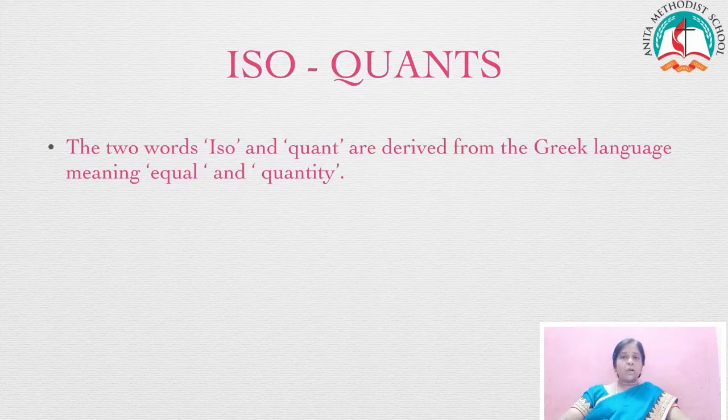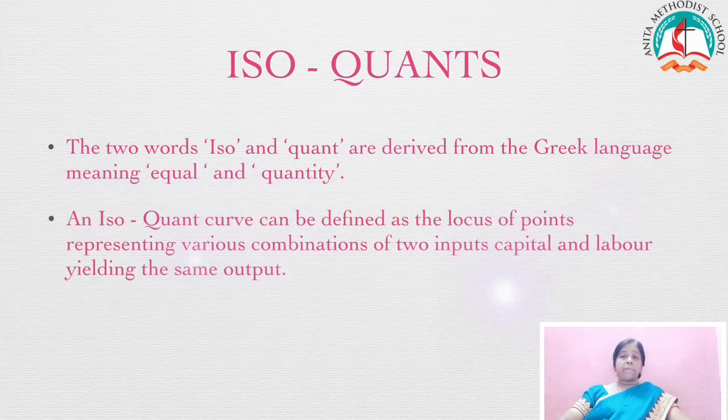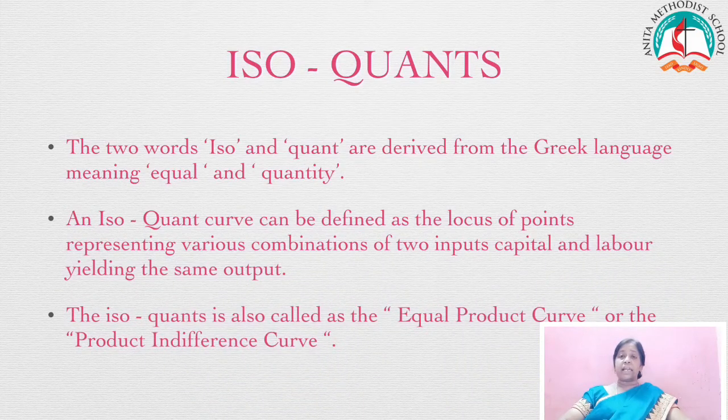So the isoquant curve can be defined as the locus of points representing the various combinations of two inputs, capital and labor, but yielding the same output. Even though we use the two inputs, capital and labor, the output will be the same, and that is known as isoquants. That is why this isoquant is also called the equal product curve or product indifference curve.